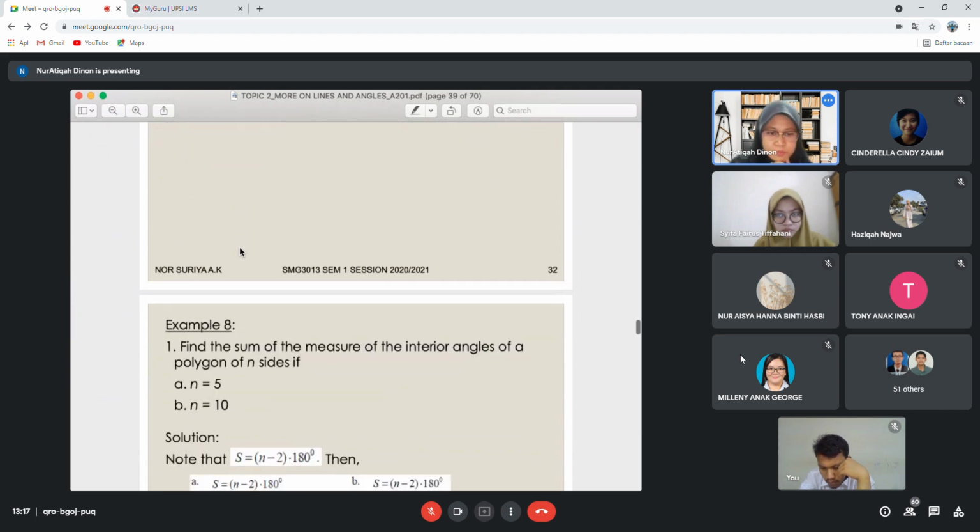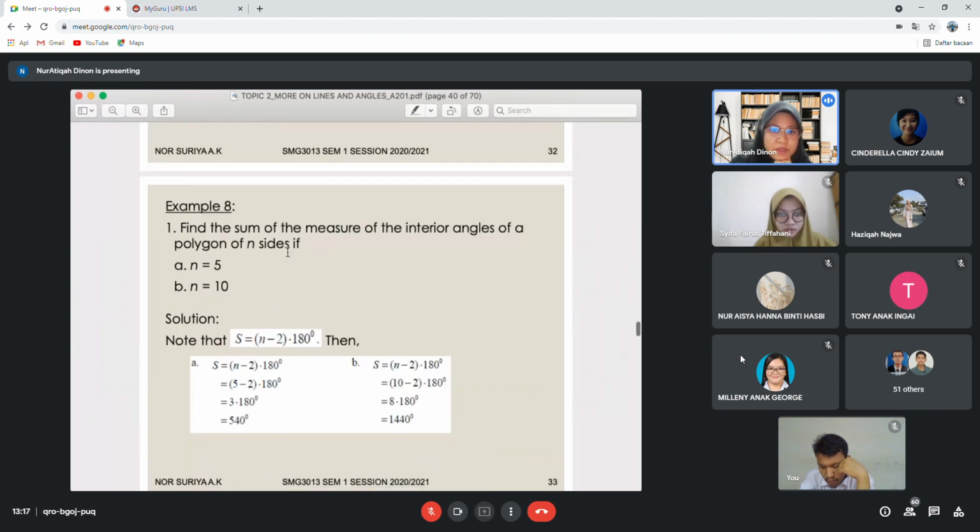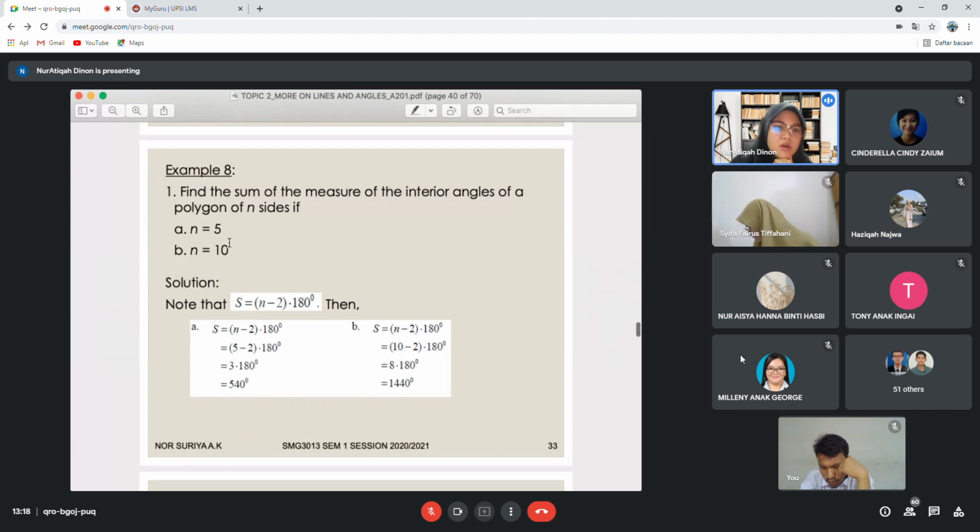Okay, let's look at an example. Find the sum of the measures of the interior angles of a polygon of n sides if n equals 5 and n equals 10. So it's easy, you just take the formula here for S to find the sum of the measures of the interior angles, and you plug in n equals 5.